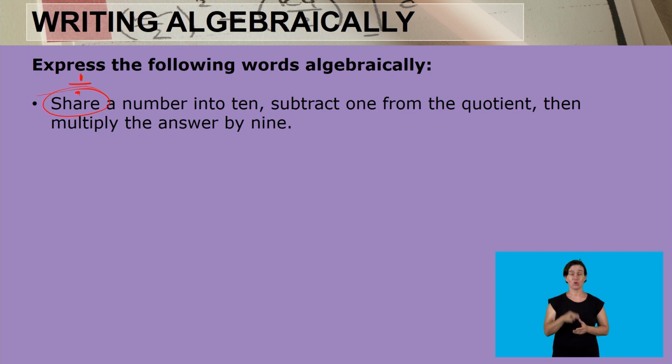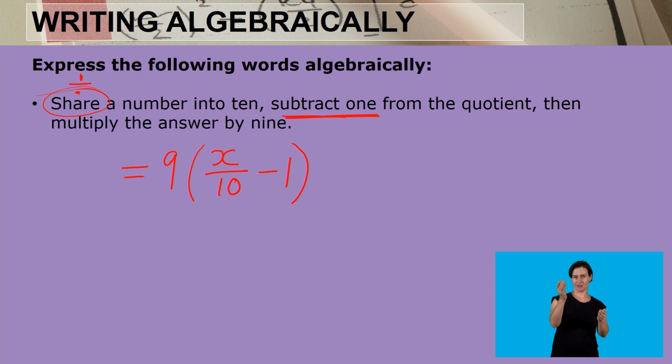Since we are sharing a number into 10, that means this unknown number is being divided by 10. Then from that quotient, we are going to subtract 1, and then multiply the answer by 9.